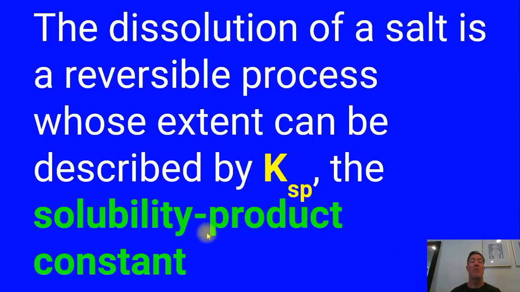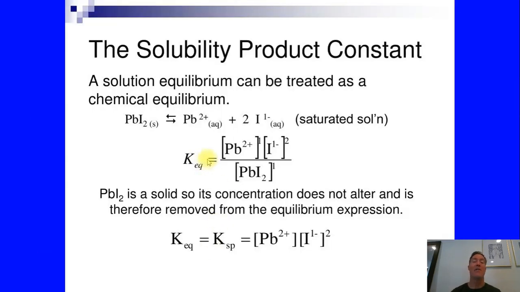So the solubility product constant is just like any of the other constants. So let's say we start here with a solid, and we see that it can dissolve into these ions. We would write an equilibrium constant. We would put products raised to their coefficients over reactants raised to their coefficients, but in this case, this is a solid, so we take it out.